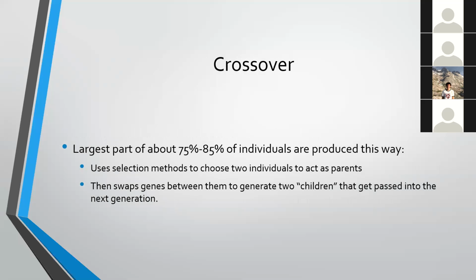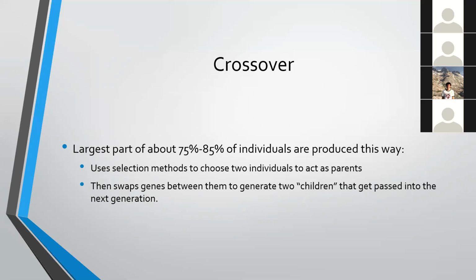Crossover is the biggest chunk. This is a bit closer to your birds and the bees, as they say. What happens with crossover is you'll get about 75 to 80% of the individuals that you're going to send into the next population by calling selection methods to select parent individuals.